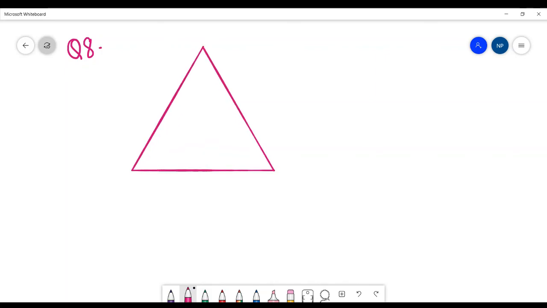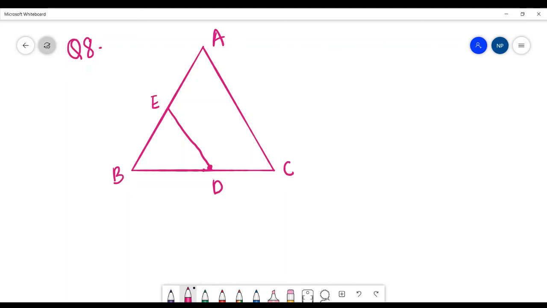This is triangle ABC, and from here AD, D is the midpoint of BC. So let us draw a line, and this is your triangle BDE. Okay. So over here we have triangle ABC and triangle BDE.